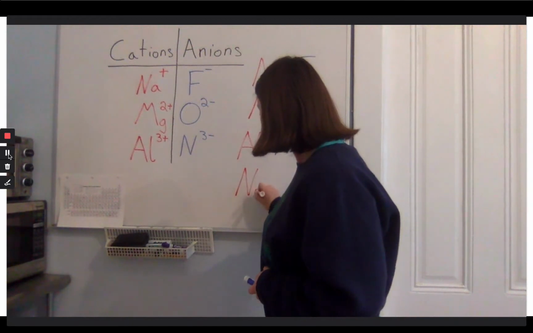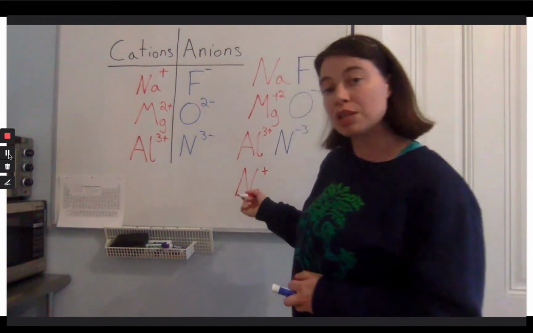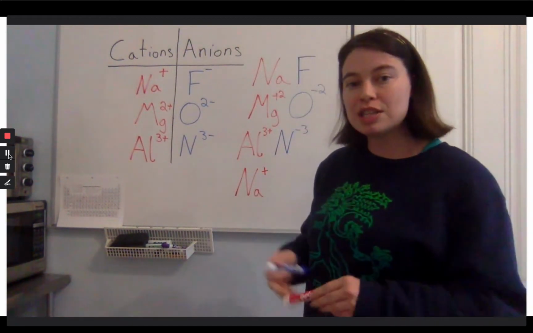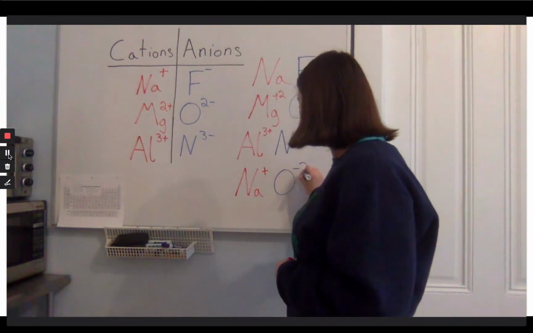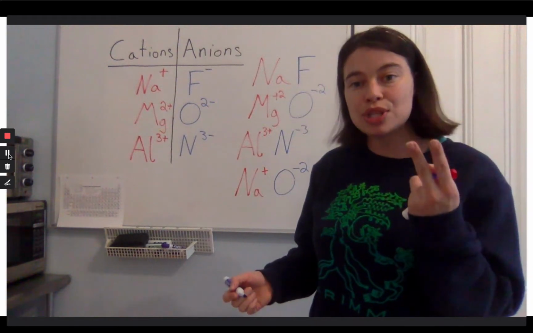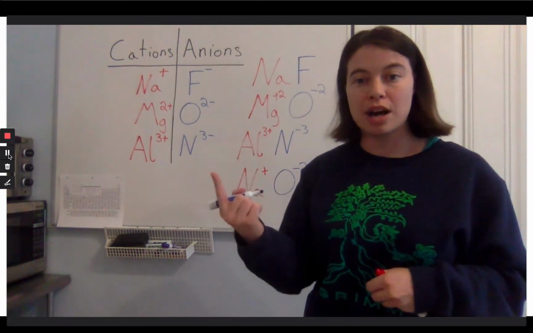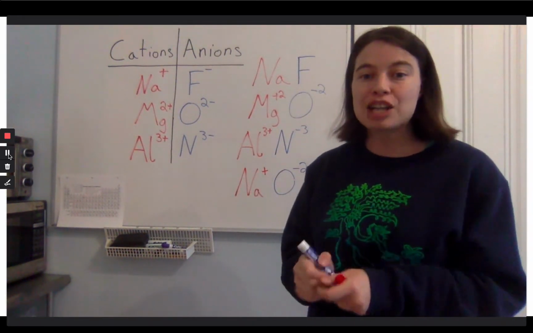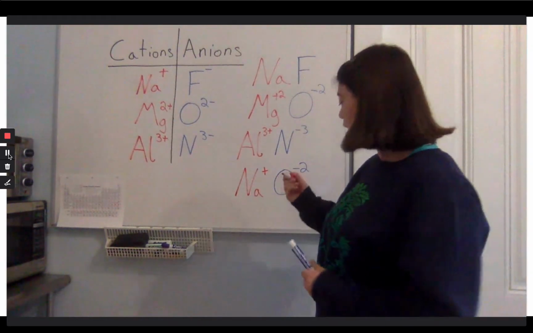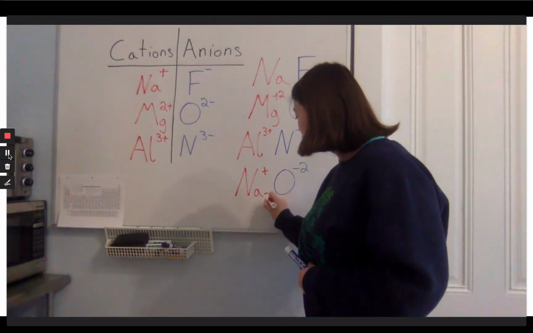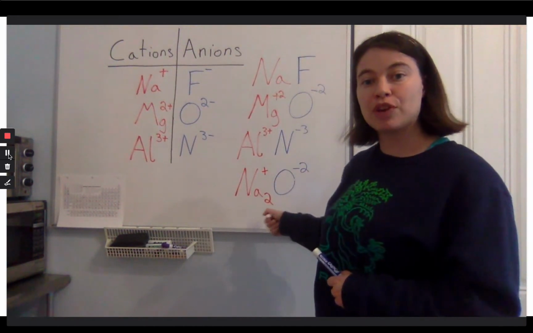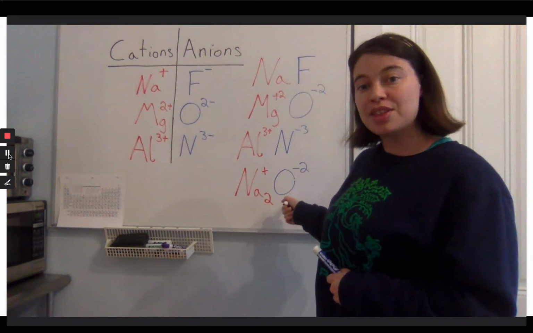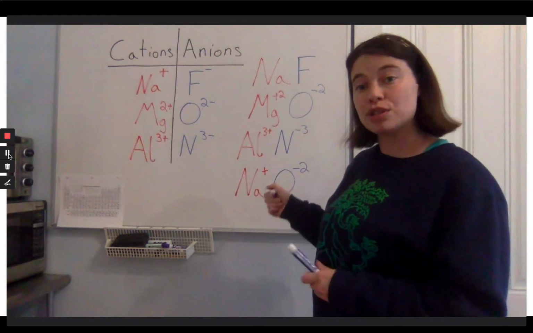Each individual sodium has a charge of +1, and each individual oxygen has a charge of -2, so I'm going to need 2 sodiums to balance out 1 oxygen. That means that the actual chemical formula for sodium oxide would be Na2O, with 2 sodiums for every 1 oxygen. That way I have the same number of charges total.